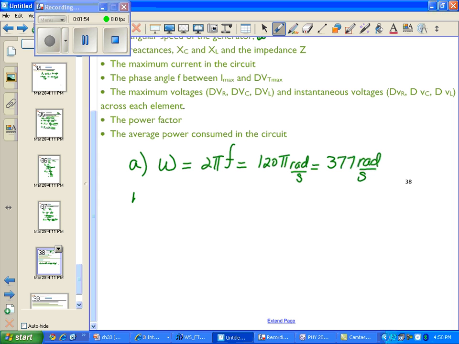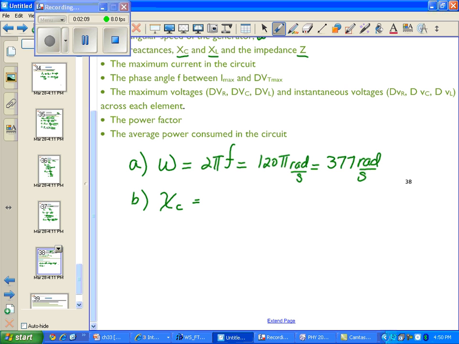Next question asks us to calculate the capacitive reactance, the inductive reactance, and the impedance, or the total reactance in the circuit. Well, let's begin individually.